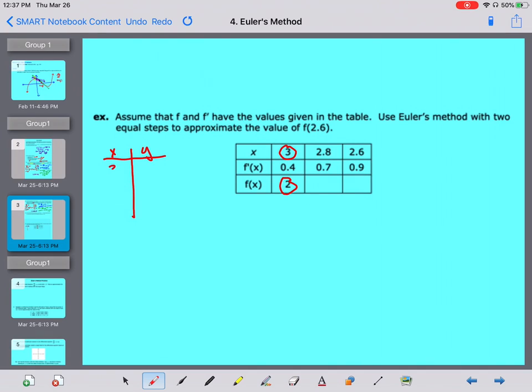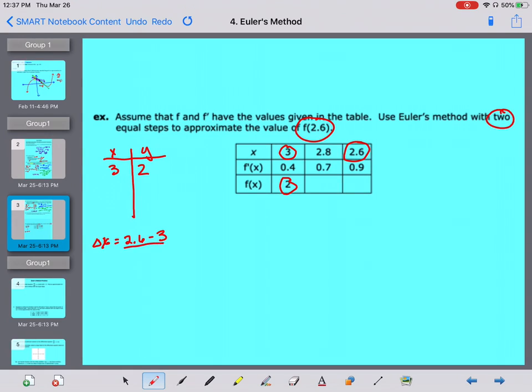It just makes it easier to see. Still need to calculate my change of x. And I'm going to end up at 2.6 because that's what I'm trying to calculate. So that's my n value. So 2.6 minus 3. And then, of course, how many step sizes I want. And we're going to do 2 step sizes.